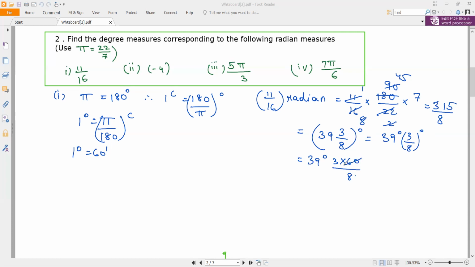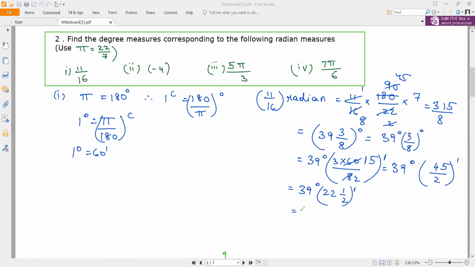Again, reducing by 4, this is equal to 39 degrees, and the fractional part will be 22 and 1 by 2 minutes.